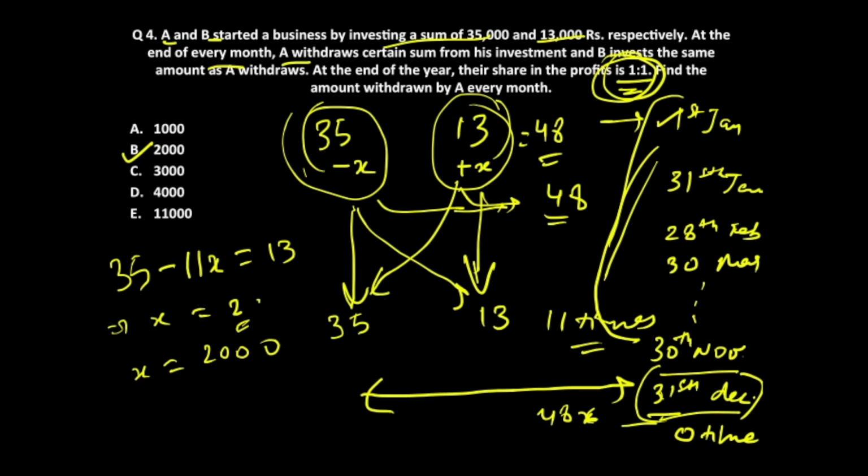It was just a trick question. The examiner was trying to confuse the students by giving it as a year's period, right? So this is another question involving fractions and a little bit of language problem, and it becomes very important in our topics.